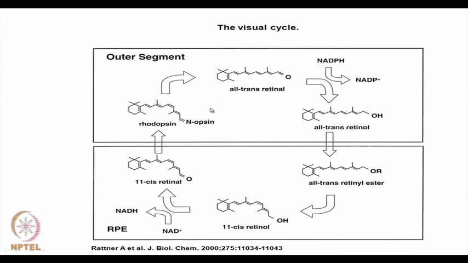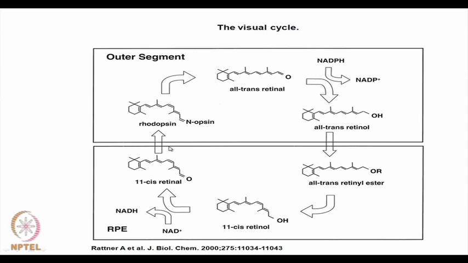The scheme is like this: 11 cis retinal, then through various steps, it is again converted to retinol and then retinol to retinal.